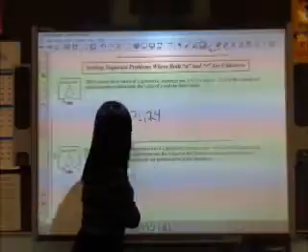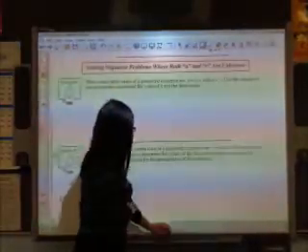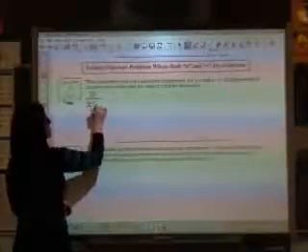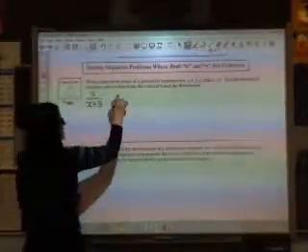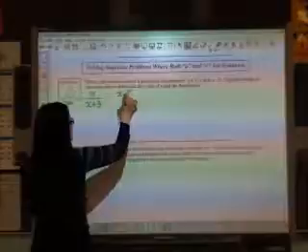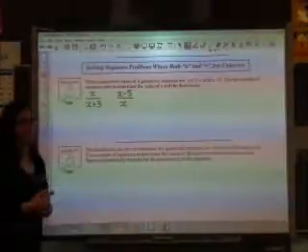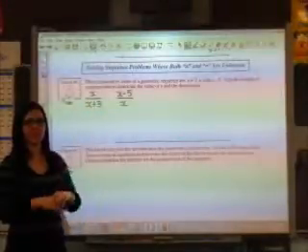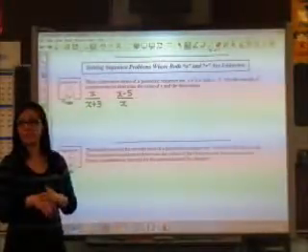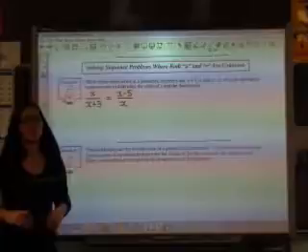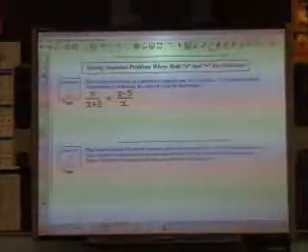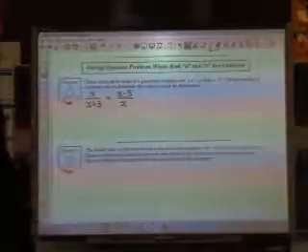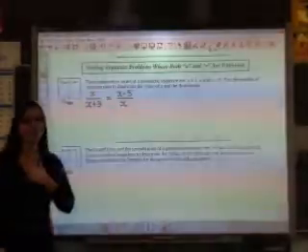So if I take the second term and divide it by the first term, or if I take the third term and divide it by the second term, what do I know about the value of these 2 expressions? They're equal. So make them equal to each other. So then how would I solve this?